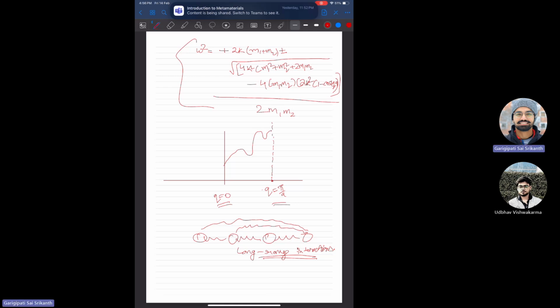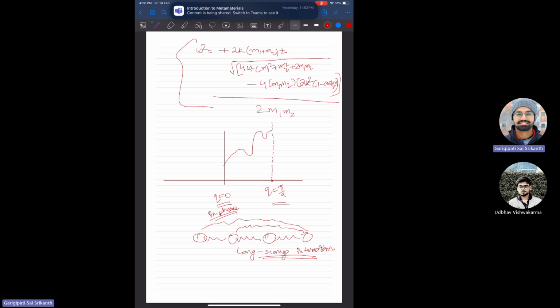Then we put q equal to pi by a, and we get the other two cutoffs. Here we are assuming that the cutoffs are either at q equal to 0 or q equal to pi by a. q equal to 0 is completely in phase, because the wave number is zero.